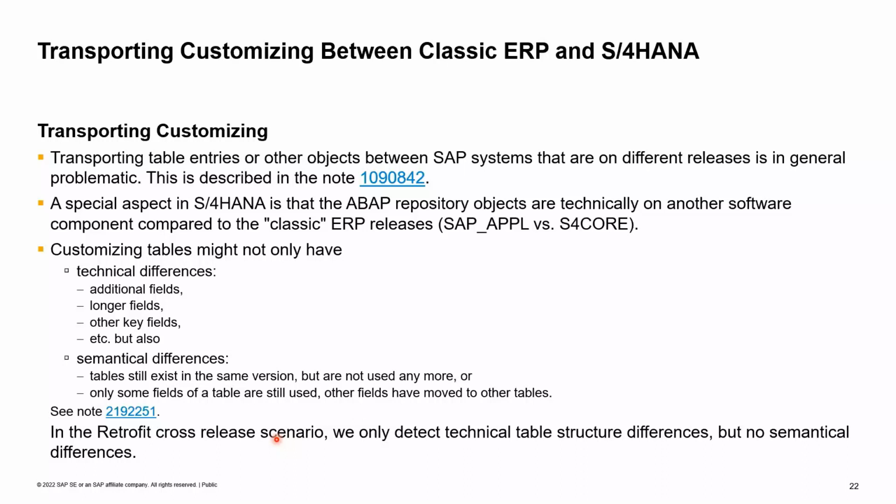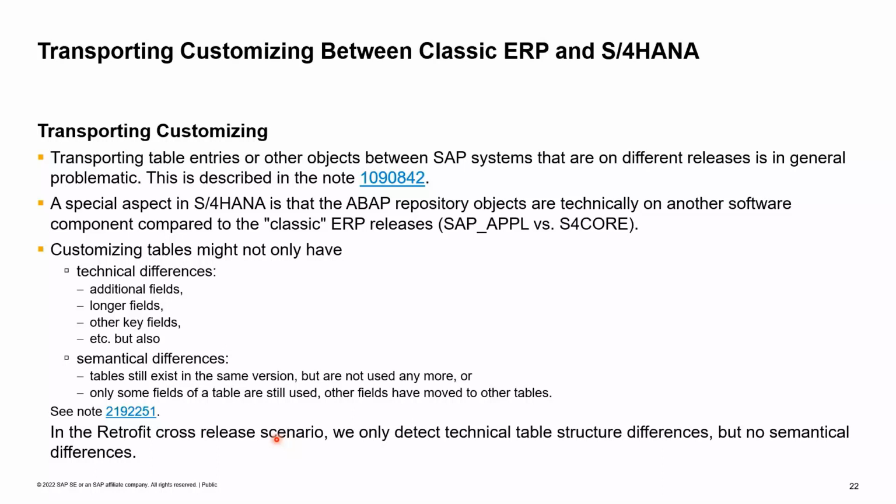With each and every customer, we learn and we enhance this block list and this whitelist for the various objects. This is part of these customizing checks, which will be provided via our retrofit setup. That's the reason why it's only in SAP hands, so typically customers need to involve SAP for this part.